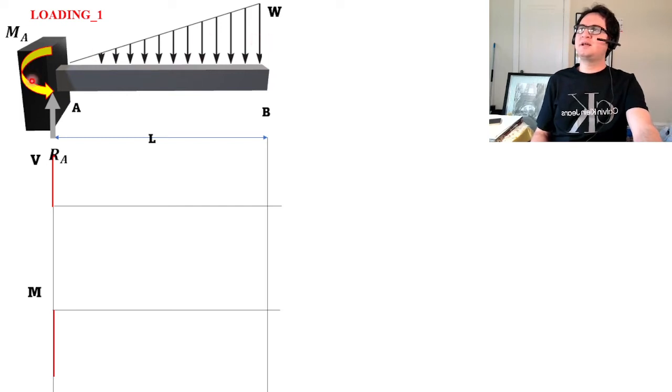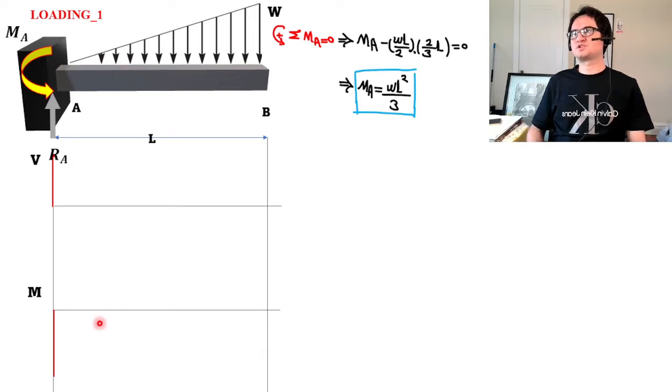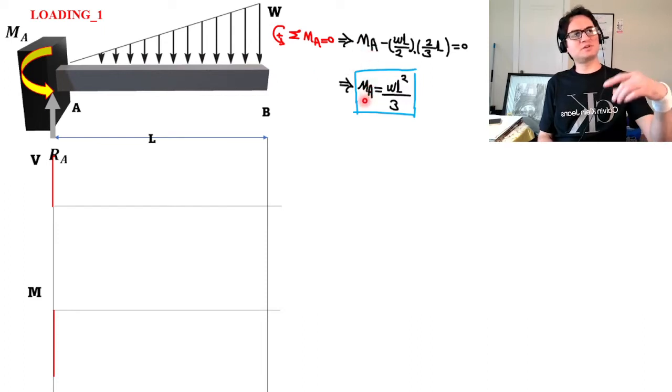To calculate MA, first of all, we can create the summation of moment about point A. Considering a moment at A, sigma MA goes to 0, then MA, and consider counterclockwise as a positive moment.